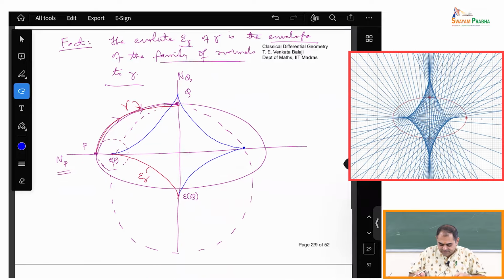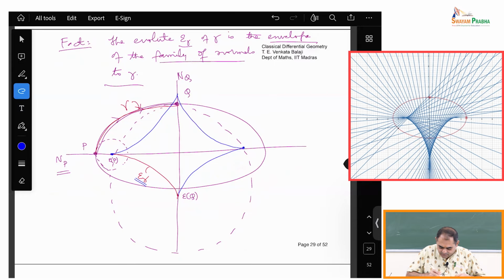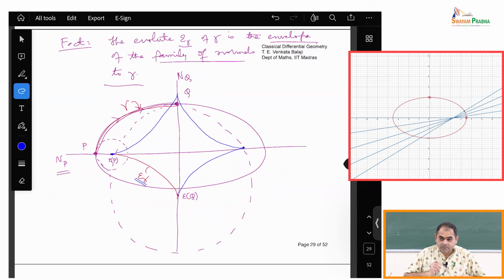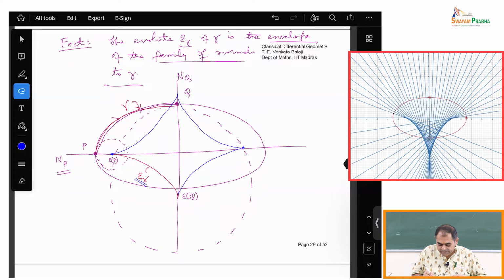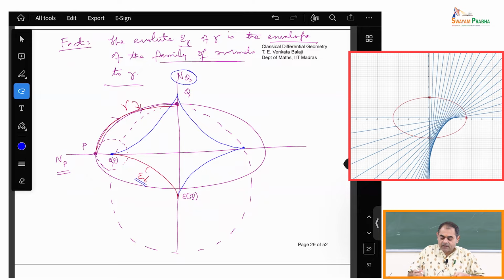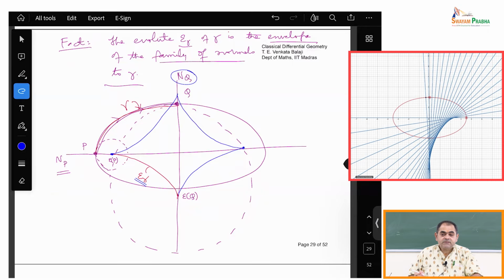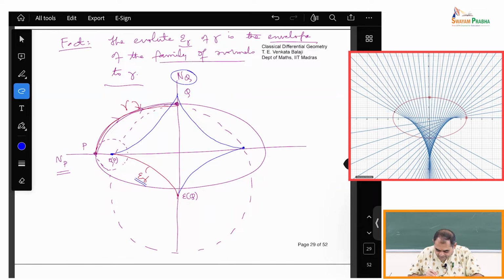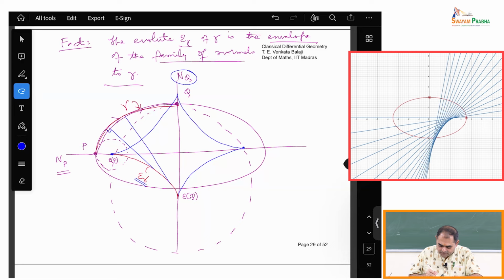But what I want you to notice is that for the evolute E gamma, the tangent to E gamma at P is NP. It is a normal to gamma, and the tangent to E gamma at Q is actually the normal to gamma at Q, and in between, at every point, the tangent to E gamma is actually the normal to gamma. So if you take a point here, then I will get a normal like this, and if you take another point like this, this will be a normal.